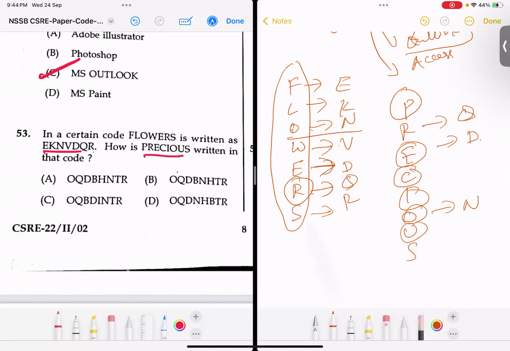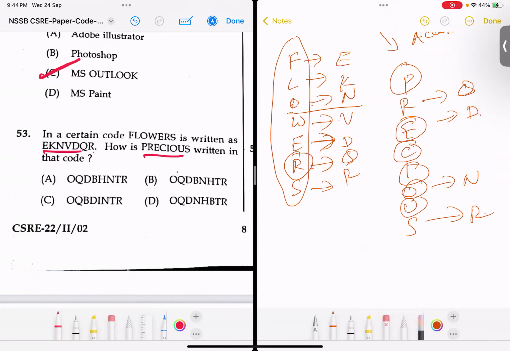And S is replaced with R. So our option should be something like this, okay? The second must be Q. Then after that, it should be D, right? Then the last third should be N and the last one should be R. So the correct option is A, okay? We don't know what is here, but with the help of just these four alphabets, we determine that it is option number A.